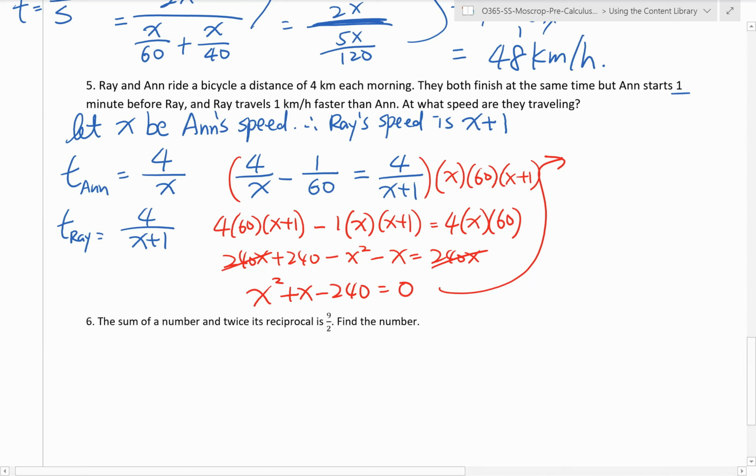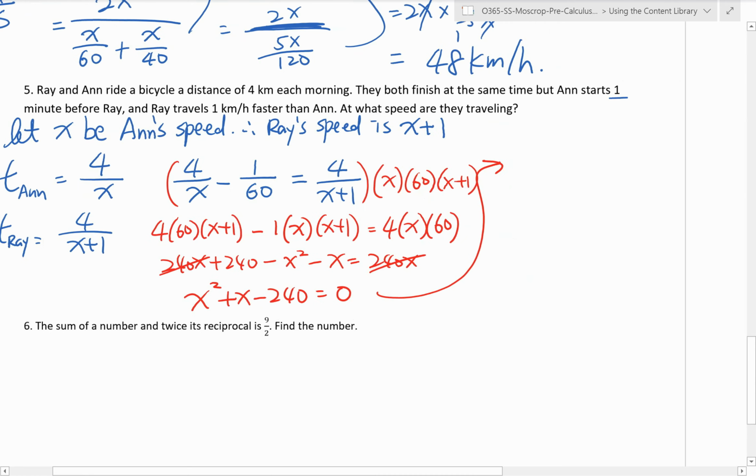Yeah. 1 times x plus 1, yes. 4 times x times 60, that's 240x. That's 240 minus x squared minus x. 12 and 10. Okay, it's definitely factorable. I just couldn't find the numbers.